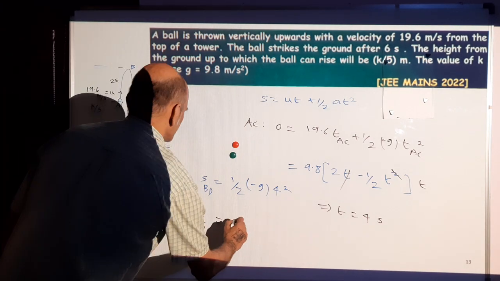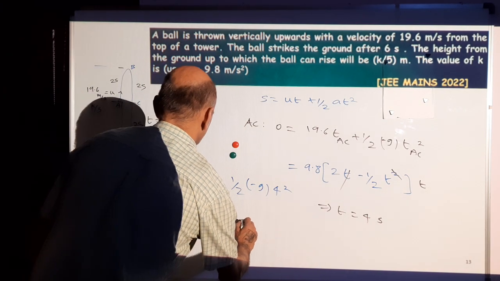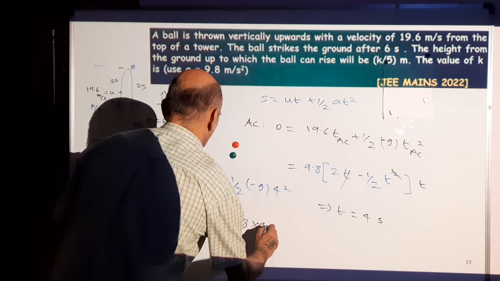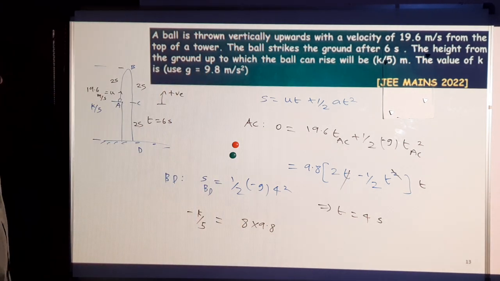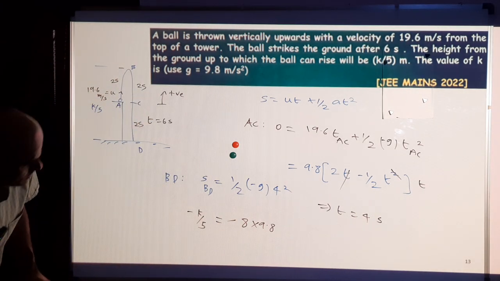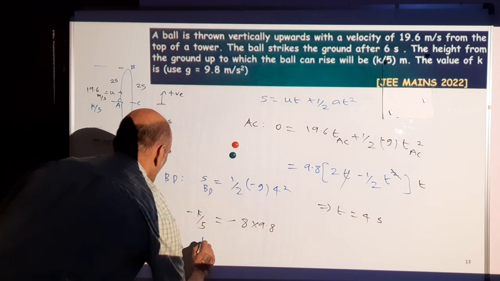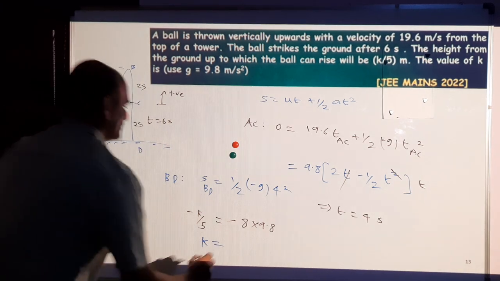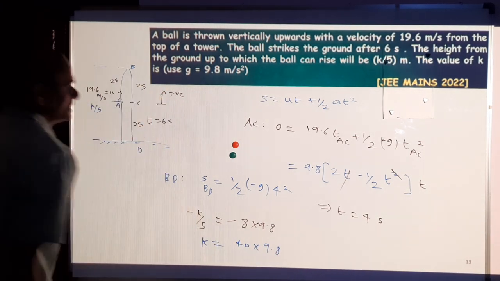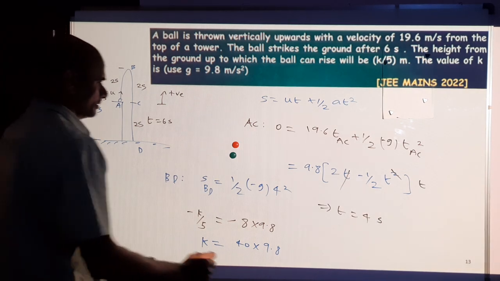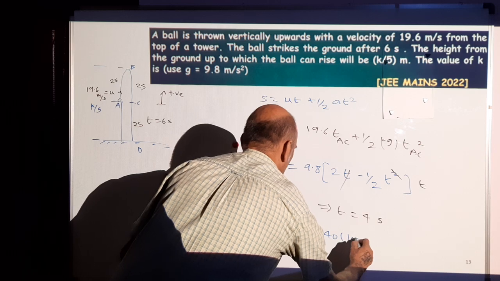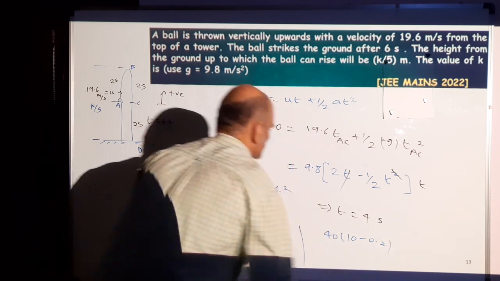So 16 by 2, 8 g, 9.8 with the minus sign. So from this, the value of k is 8 fives are 40, 40 times 9.8. 9.8 is written as 10 minus 0.2, so 40 into 10 minus 0.2.